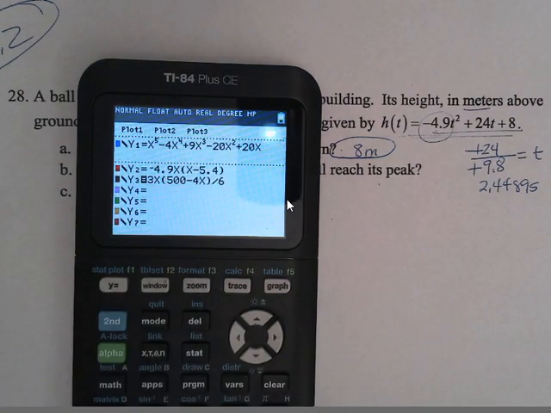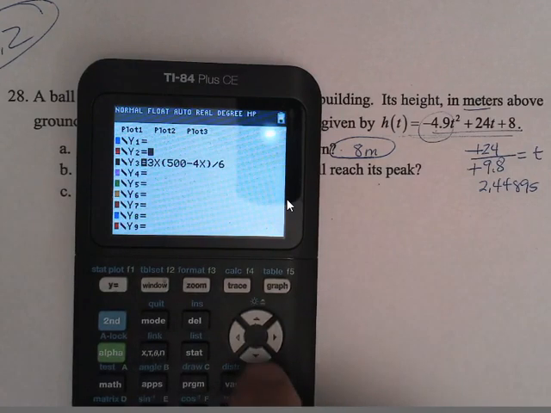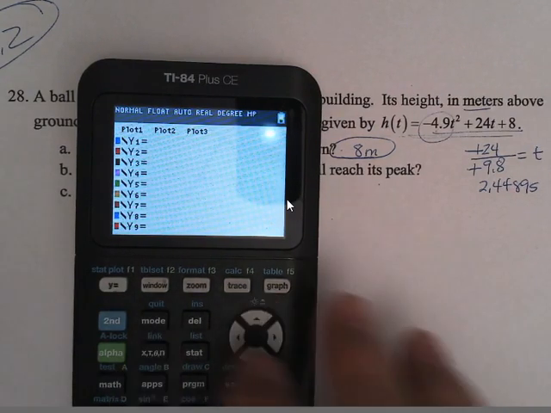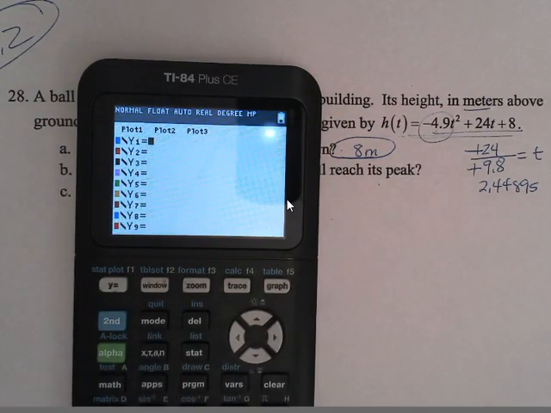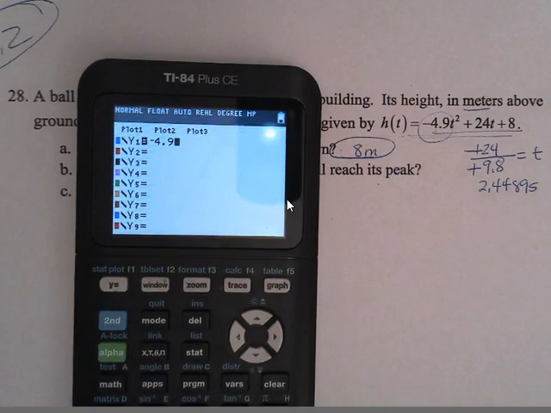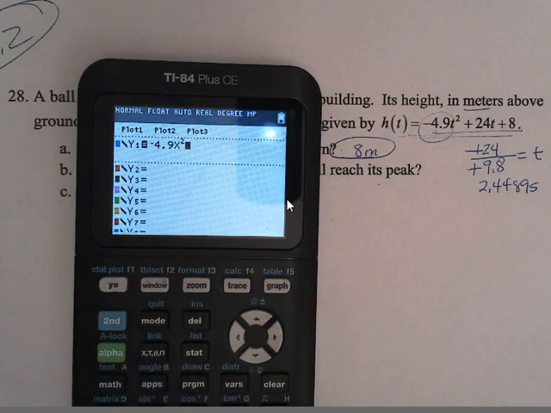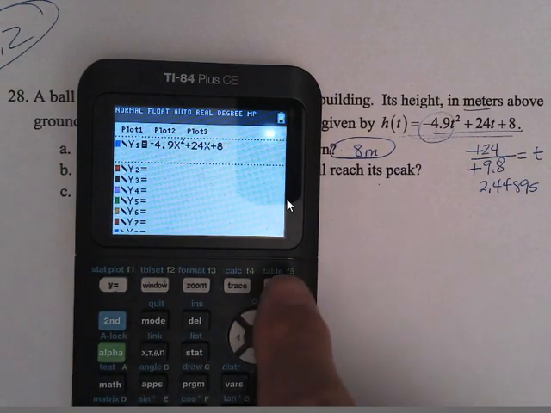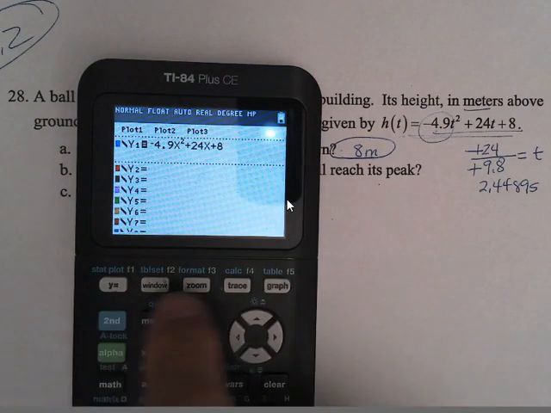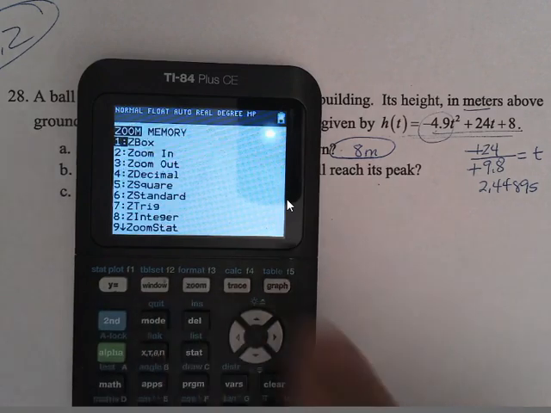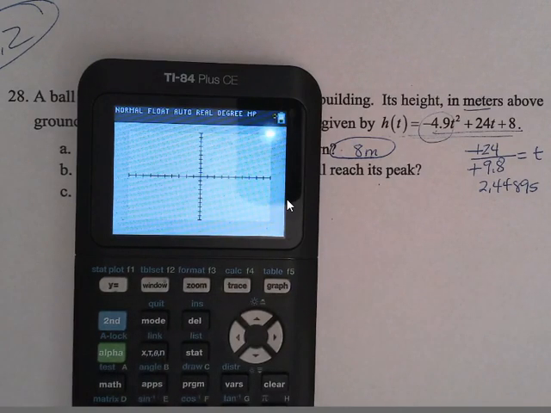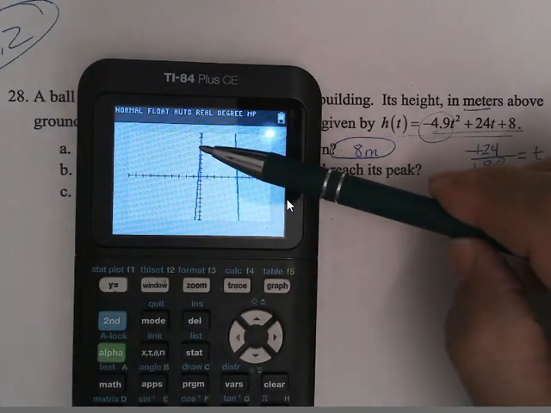Now, we can put that into the equation. If I type it in, the equation is negative 4.9x squared plus 24x plus 8, and I can go second, zoom 6 to graph it. There it goes up, there it comes down. You can see it starts at 8 high.